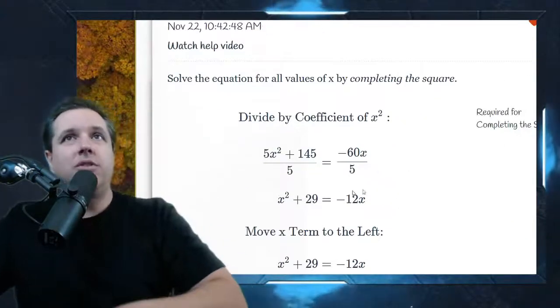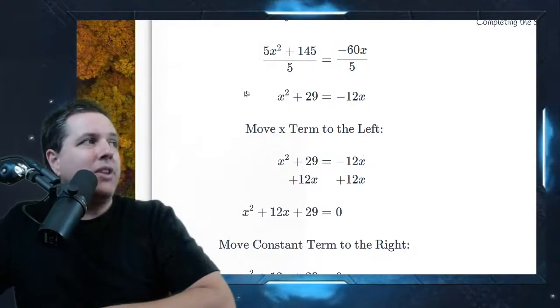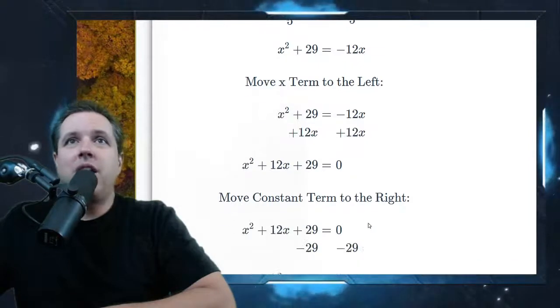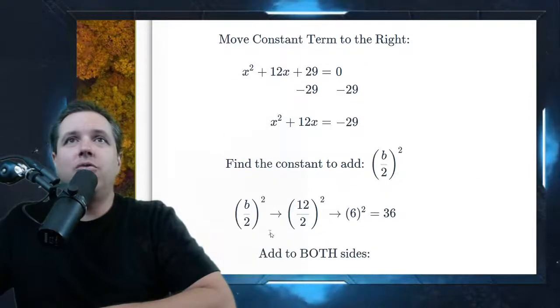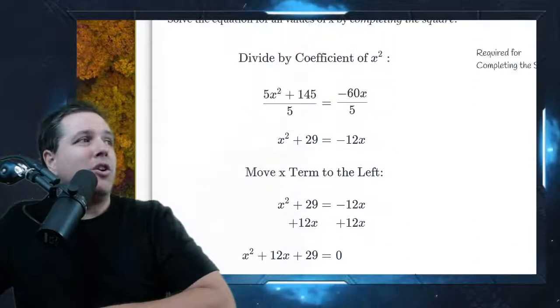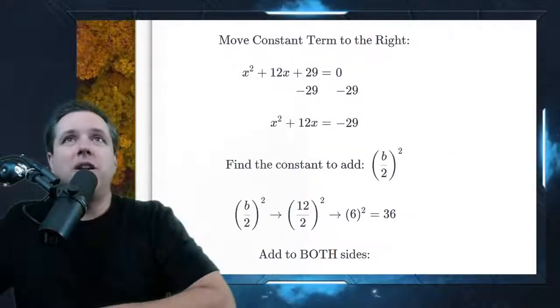Let me show you the solution. See, the first thing they do is divide by 5. And then now we have an equation that looks like what we've been looking at. So then you're going to move things around, put it in square root property, go through the completing the square, solve, and then get your answer. But that's pretty long. Look at this solution. That's a lot going on.